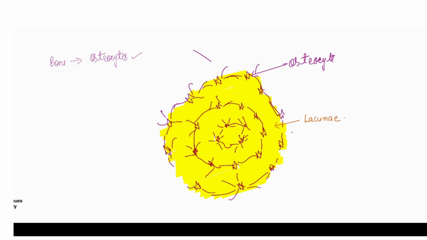This lacuna is making the cells arrangement, and these cells arrangement will be making some layer like structure. So this would be known as the lamella.